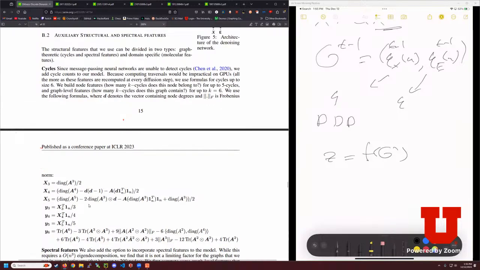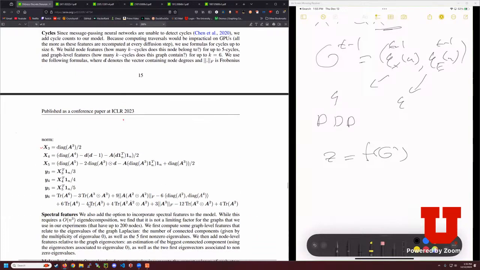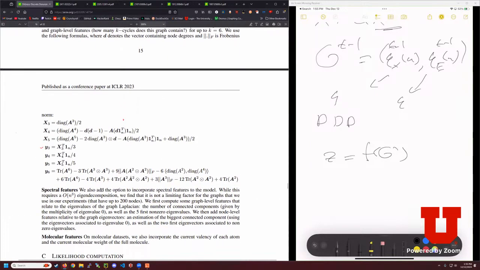Yeah. And what are their spectral features? Oh, they do the eigen decomposition. They only use it in experiments that have up to 200 nodes. That's kind of like global features and molecular features.